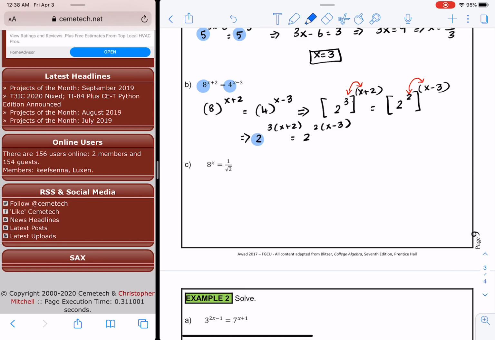The bases match now, so we could write it as 3 times x plus 2 equals 2 times x minus 3. If we distribute and solve, we have 3x plus 6 equals 2x minus 6. Move all the x's to one side, numbers to the other. 3x minus 2x would equal negative 6, negative 6, which would imply x is negative 12.